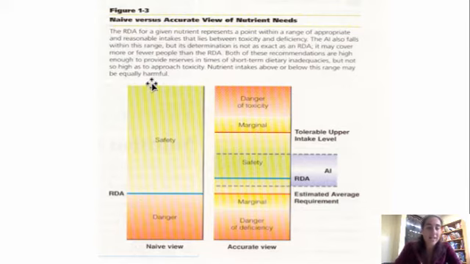As long as you're having the RDA or above, you're going to be meeting your needs. Based on each of the DRIs and our understanding, that's more of a naive view. When we have the level of the RDA here, our risk of deficiency will gradually increase. So there's going to be first a marginal risk of deficiency and then a higher danger or risk of deficiency, especially as we go below the EAR.